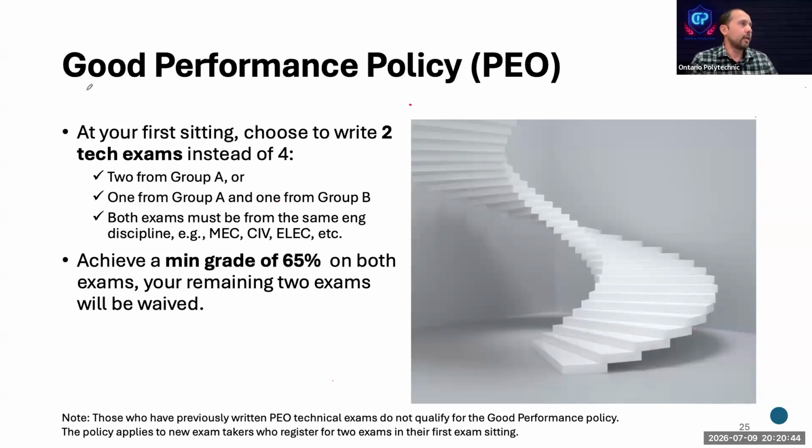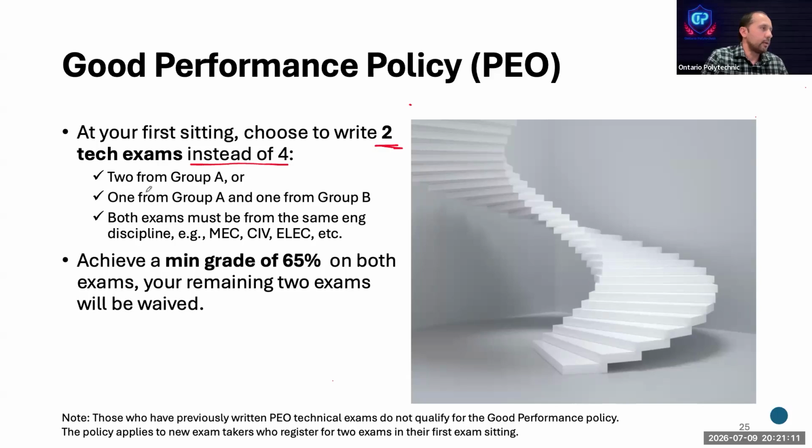So this is what they introduced recently, the good performance policy from July 1st, which helps you a lot. As I mentioned, in Ontario you should have passed 4 exams: 2 from A, 1 from B, and 1 CS. But the good performance policy helps you reduce it to 2 technical exams on these conditions.